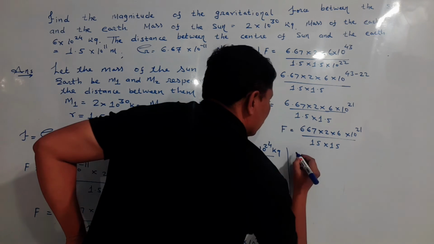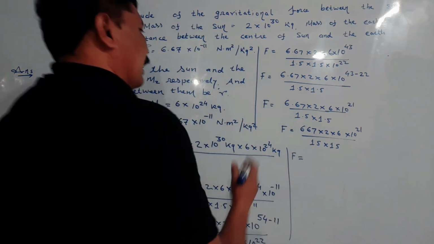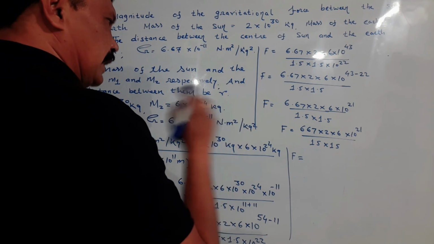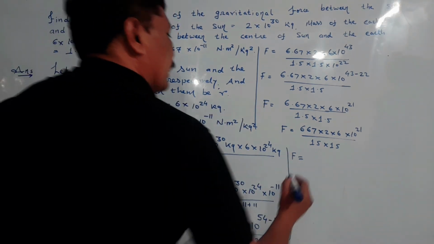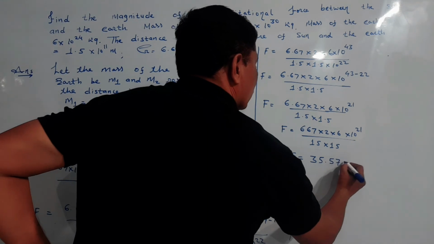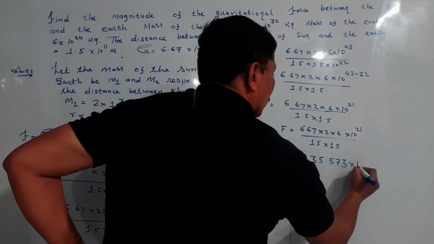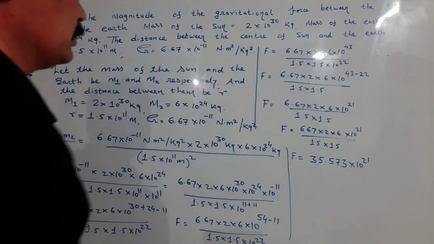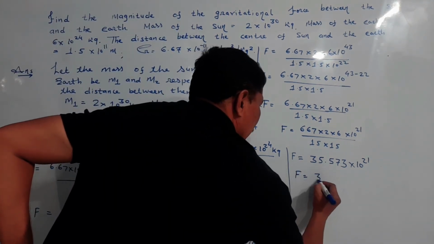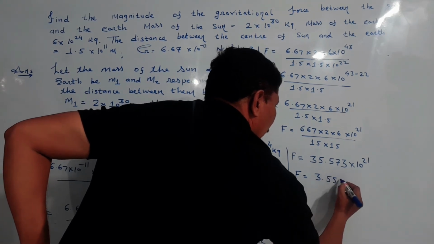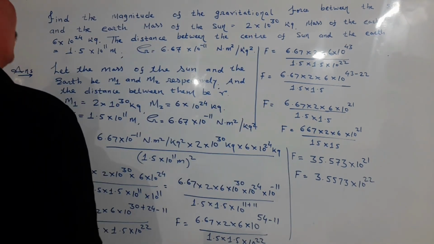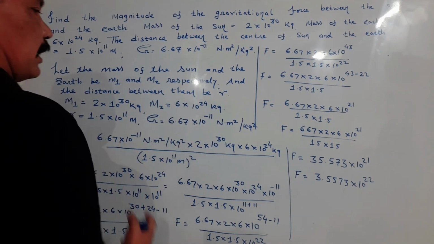Now my dear student, the step has become very easy, and if we multiply 667 into 2 into 6 and divided by 15 into 15, we get 35.573 into 10 to the power 21. Now my dear student, we want point after one digit, so we can write F is equal to 3.5573 into 10 to the power 22.